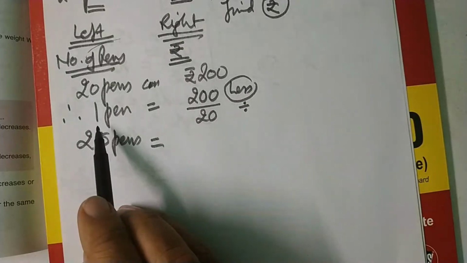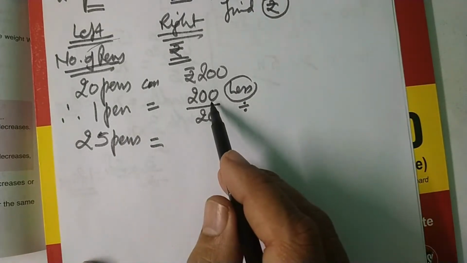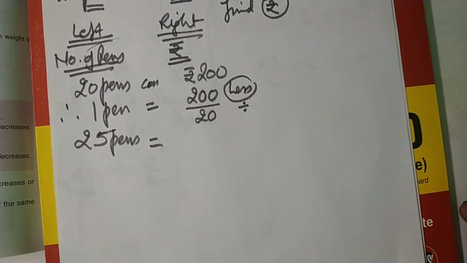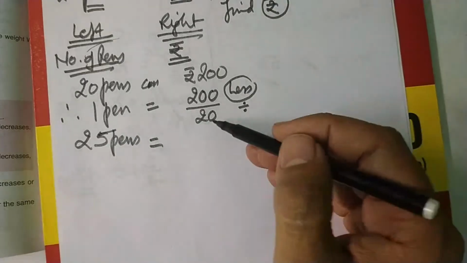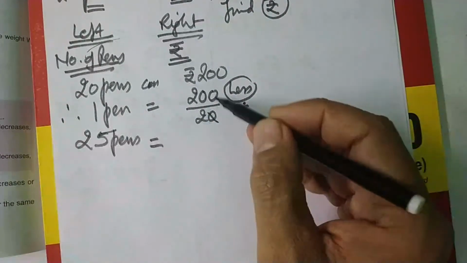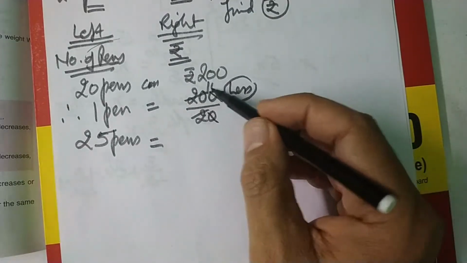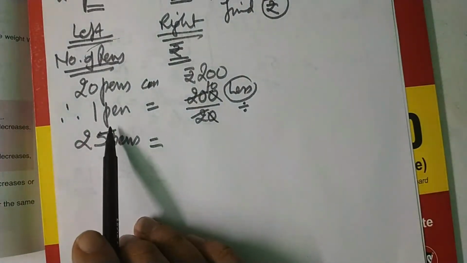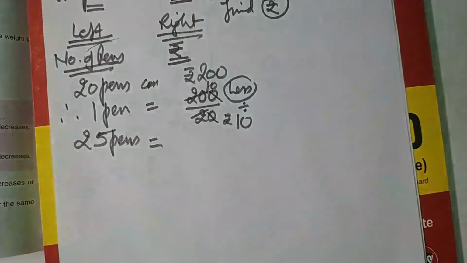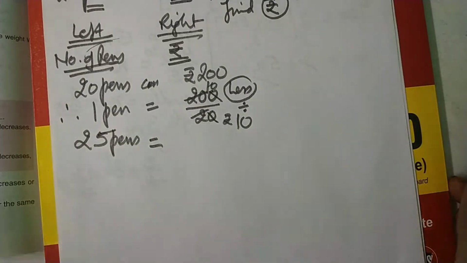If one pen costs this much, 25 will cost more than 1 or less? 200 upon 20 will become 10. So one pen costs rupees 10. So 25 pens will cost more than the cost of one pen or less?